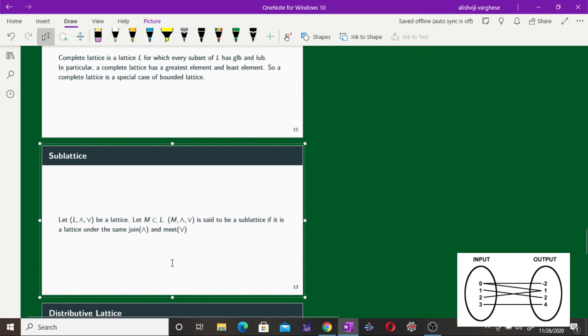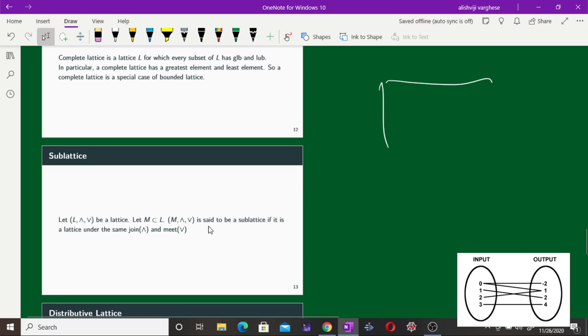Now, sublattice. If L is a lattice and M is a subset of L, and if you restrict the relation of join and meet to the subset, then if the subset becomes a lattice, then it is called a sublattice. That's the concept of sublattice.